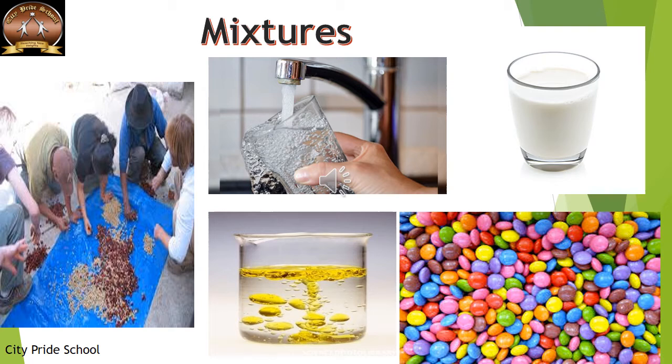Now in some of these cases we need to separate the mixtures, and there is a reason why. Like for example, in the first case, according to their requirements they need to remove whatever they want, so they are separating it for their benefit. In case of this oil and water, maybe by mistake it is mixed, so it has to be separated to be used, otherwise you cannot use the oil, right?